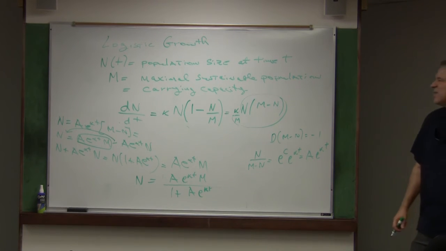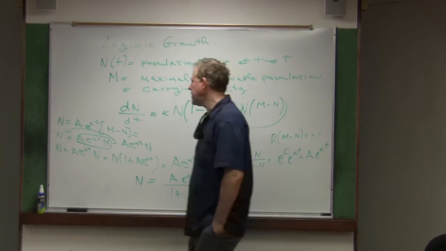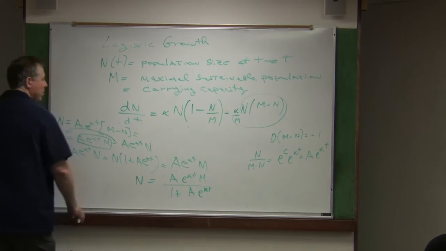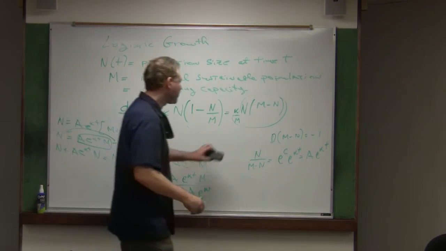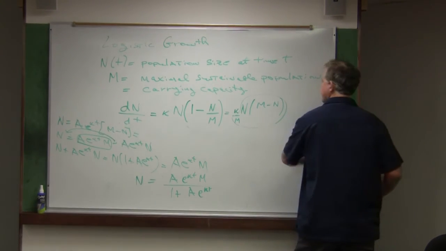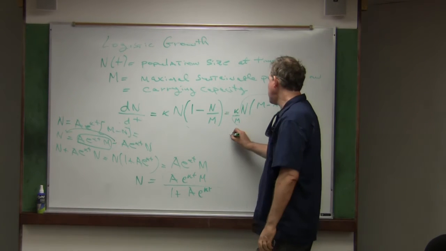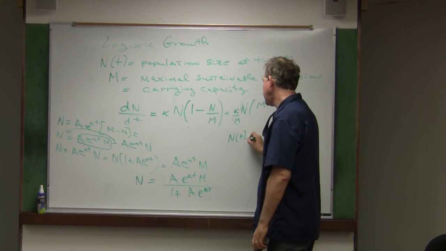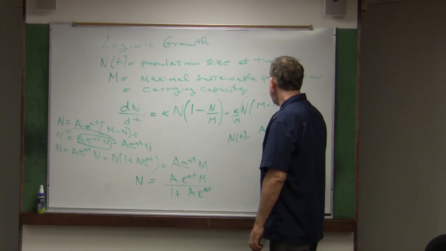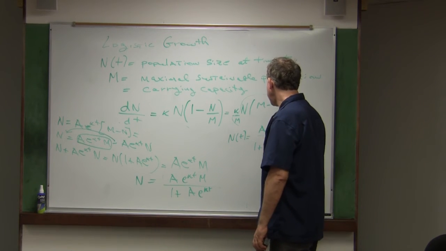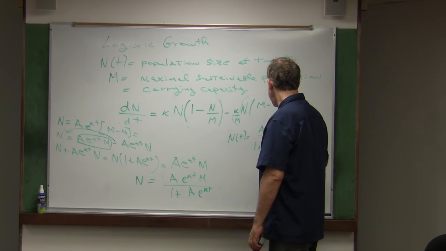Now that's not usually the slick form that they like it in. So usually what they do is, so n of t is a e to the kt m over 1 plus a e to the kt.